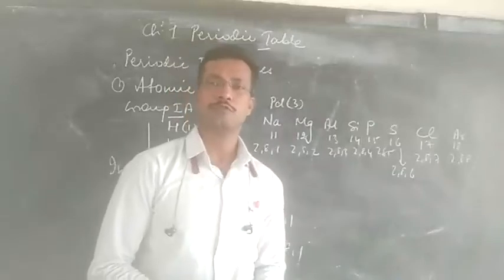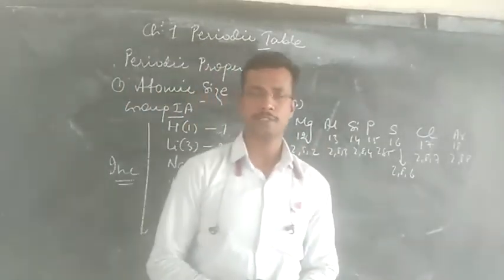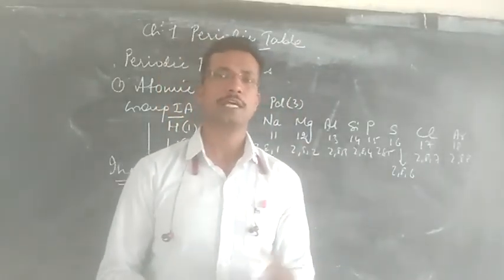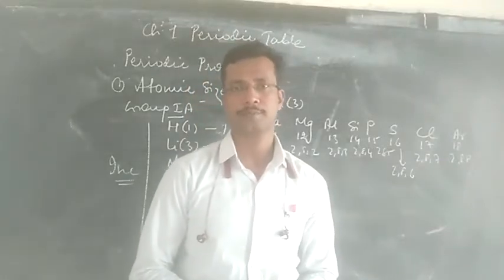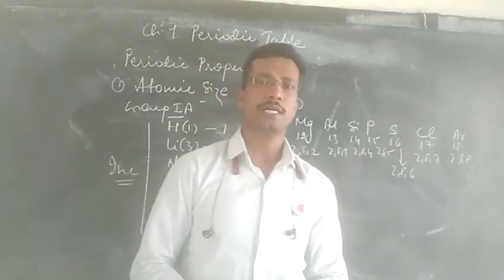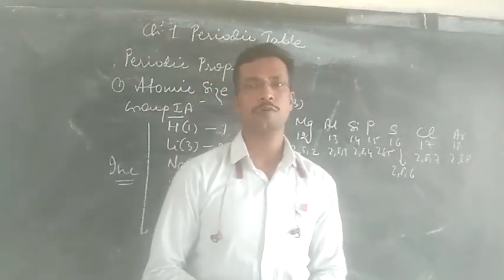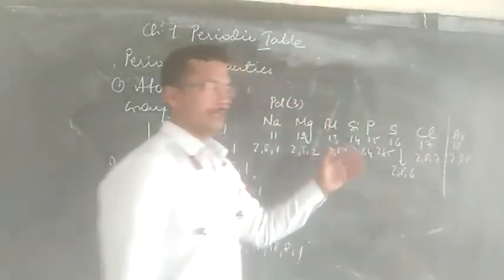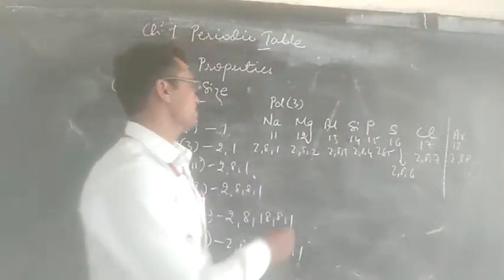But due to the increase in the nuclear charge, the force of attraction increases. As a result, there will be a stronger nuclear pull that will decrease the atomic size. So since the number of shells is the same but the nuclear charge gradually increases, the atomic size will decrease till chlorine, that is, till the halogen group, group 7A.